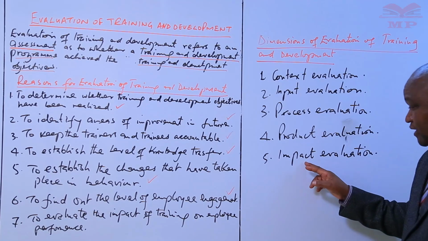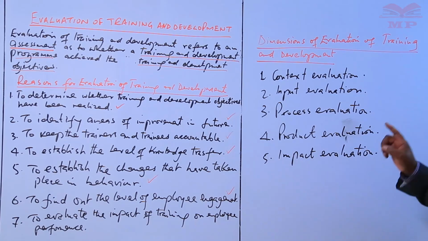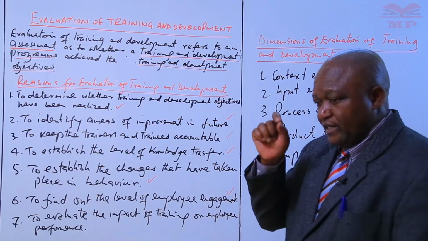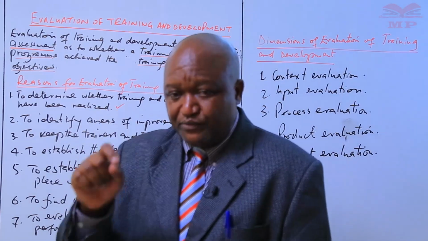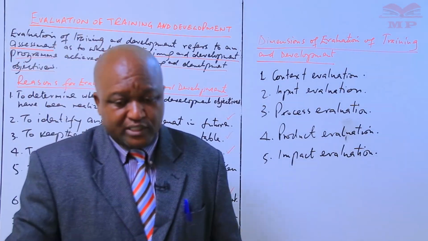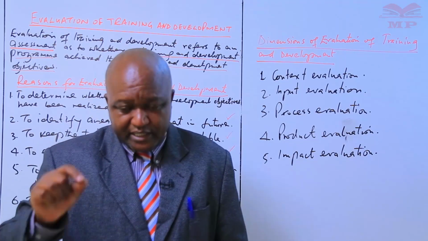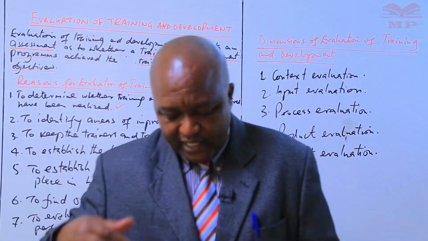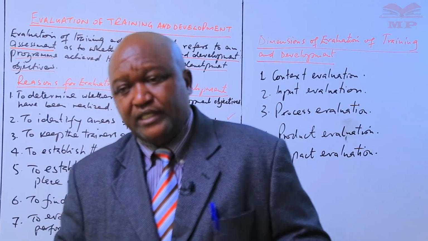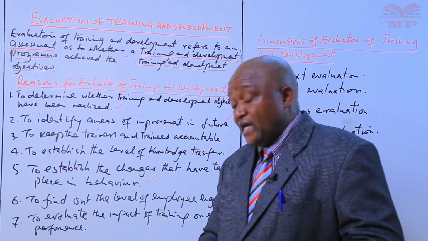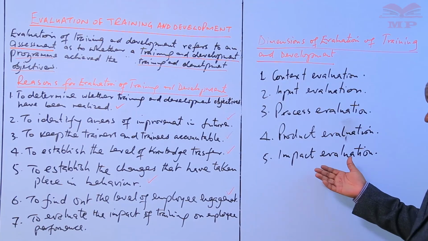So the impact evaluation can now conclude that after going through the training program, this particular trainee has been able to reduce the wastages associated with the production process, and the impact of that particular training can be measured. And that's what we are saying, even if it is in a service area.